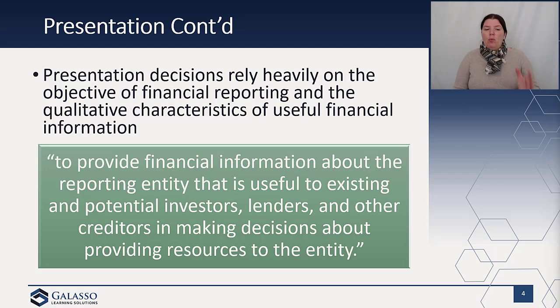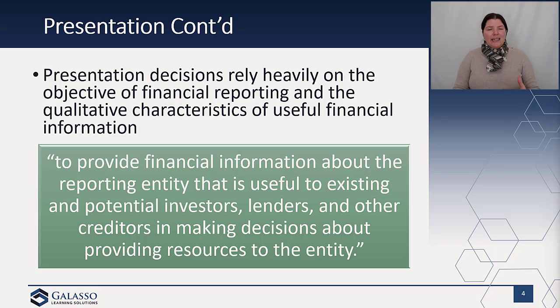We're talking about what is useful from a decision-making perspective. When we decide what to present, it relies heavily on the objective of financial reporting. Going back to Concept 1, that is to provide financial information about the reporting entity that is useful to existing and potential investors, lenders, and other creditors in making decisions about providing resources to the entity.